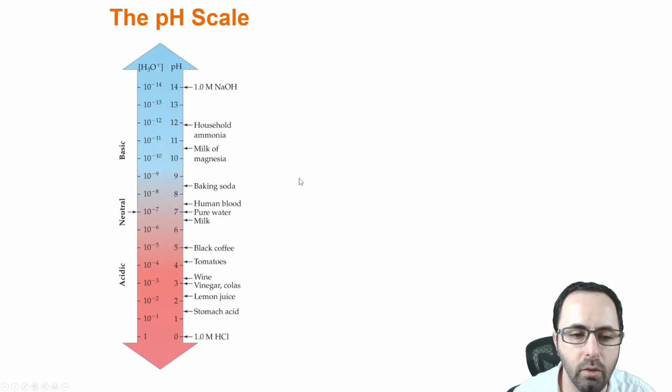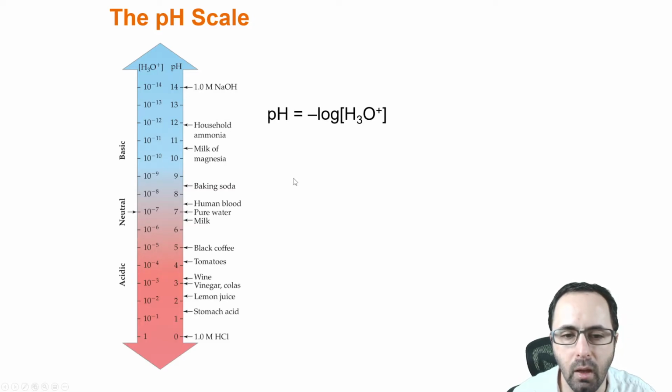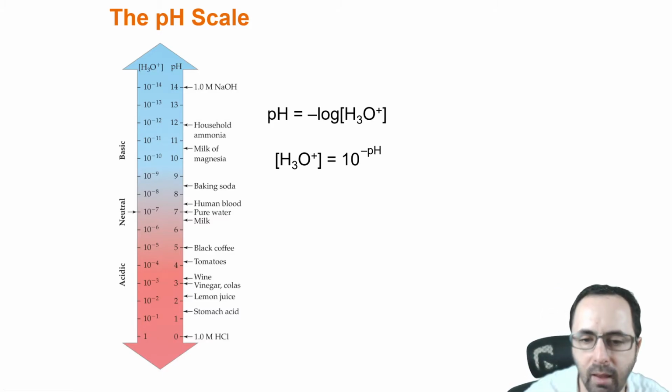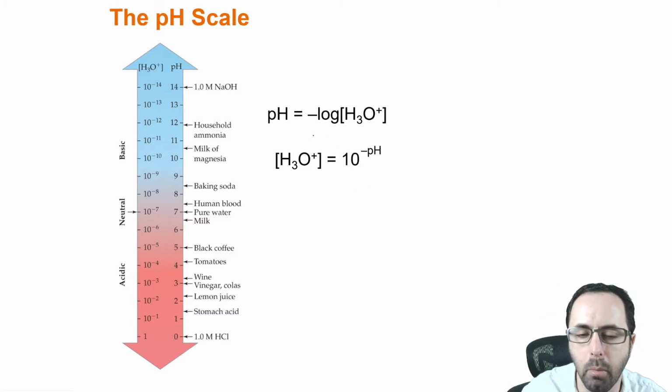And so also, a couple weeks ago, we did pH of household acids and bases. So you get to see the various pHs of these. pH is defined, as you guys know, as the negative log of hydronium concentration. If we multiply both sides times -1, that cancels this negative.